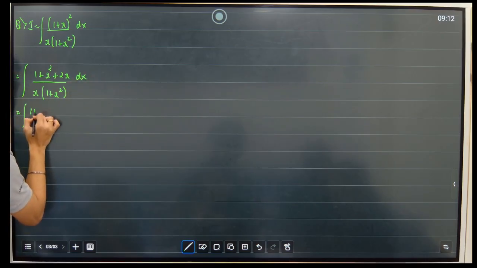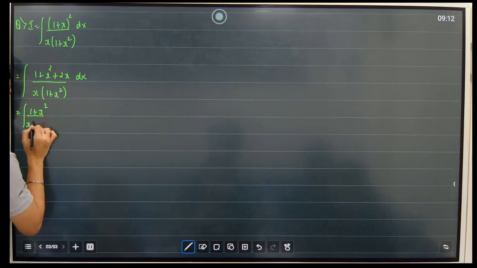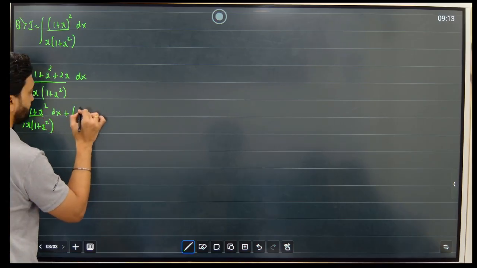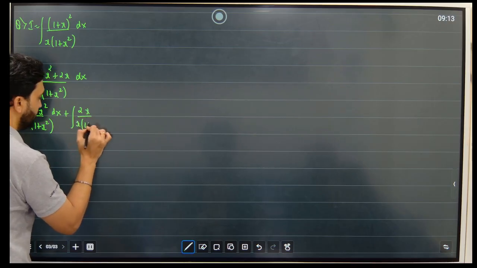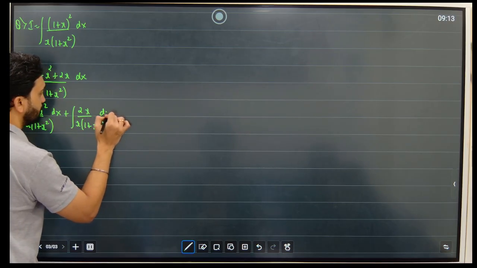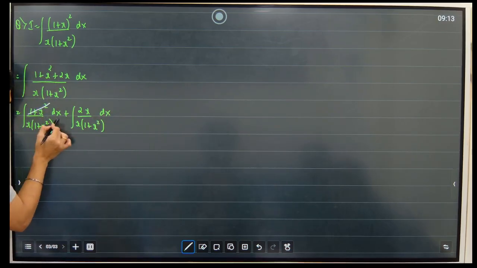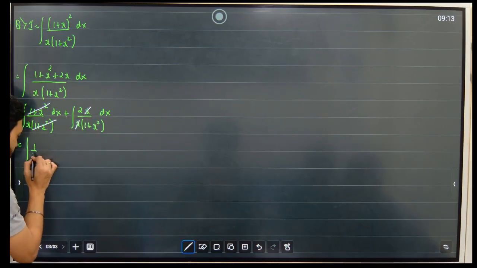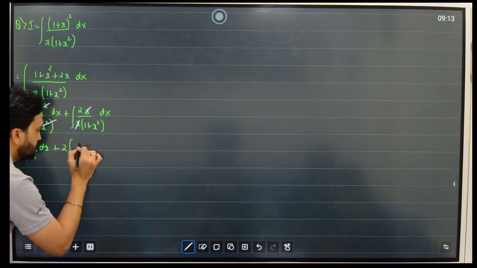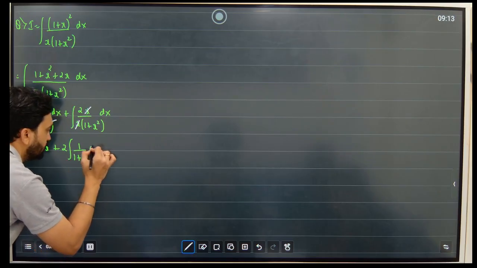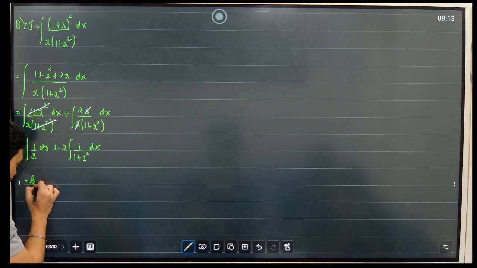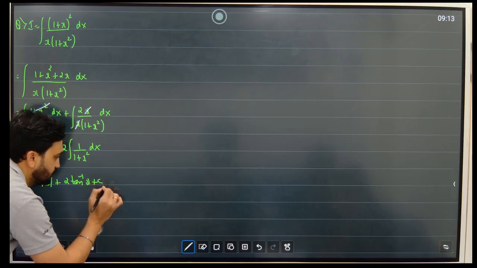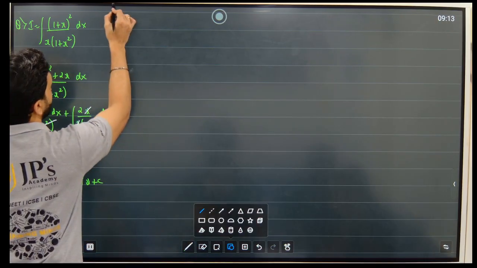Let me split: (1 plus x square) upon x into (1 plus x square) dx plus 2x upon x into (1 plus x square) dx. 1 plus x square gets eliminated. This will become integration of 1 upon x dx plus 2 integration of 1 upon (1 plus x square) dx. This will become ln x plus 2 tan inverse x plus c.